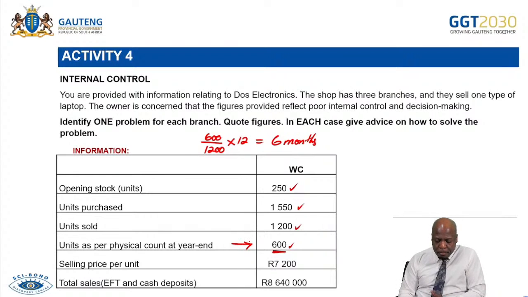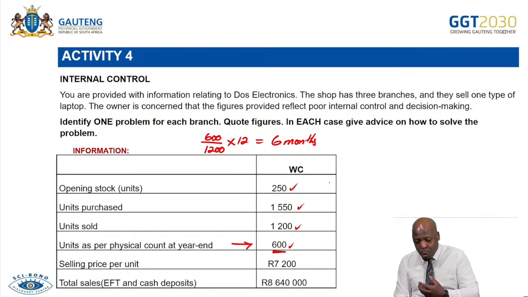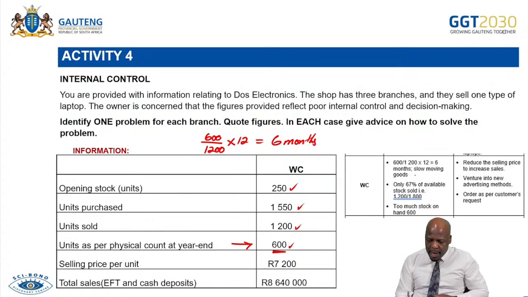Okay, so it means we have too much stock on hand, because we have stock that will take us 6 months to sell. All right, so here's the calculation that we did. So there's too much stock on hand. What can we do in order to reduce the amount of stock?